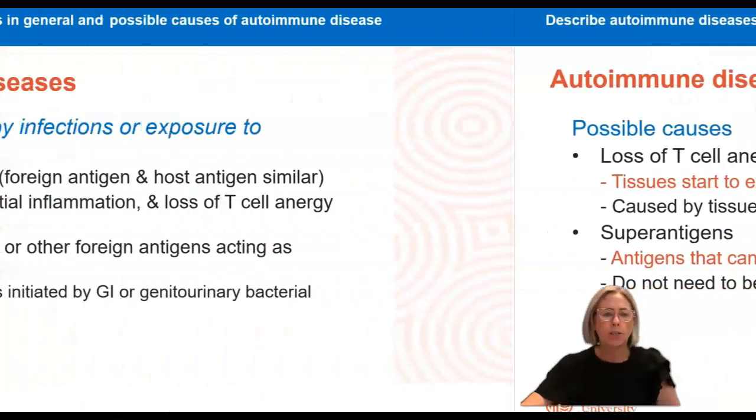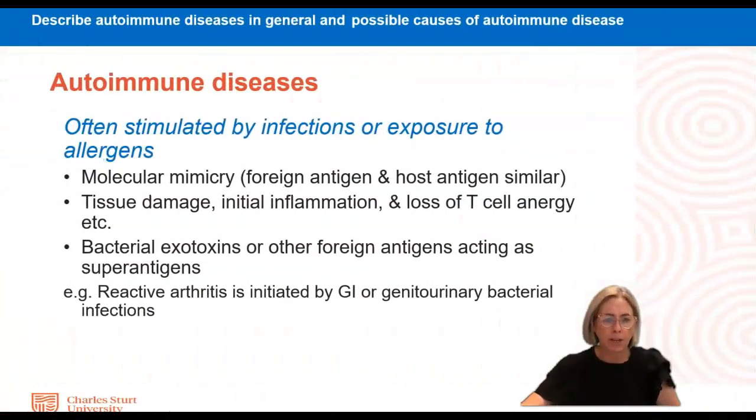Now, autoimmune diseases are often stimulated by infections or exposure to allergens. And this could occur due to molecular mimicry, so that foreign antigen and host antigen being similar. An example of this is a protein from a bacteria called Streptococcus pyogenes that causes the production of autoantibodies that then cross-react with heart myosin to lead to heart damage.